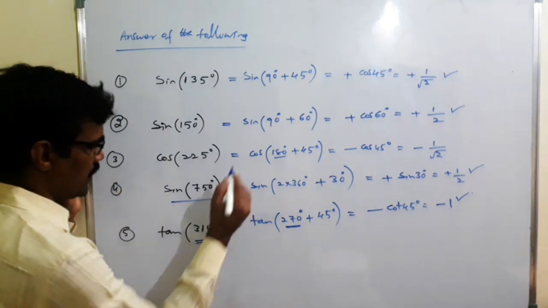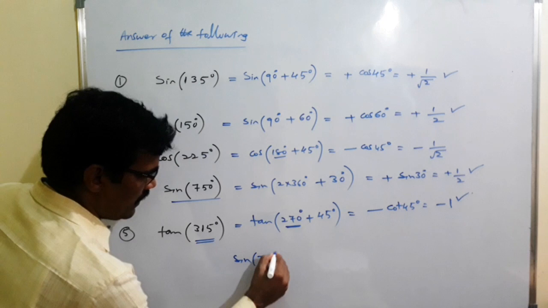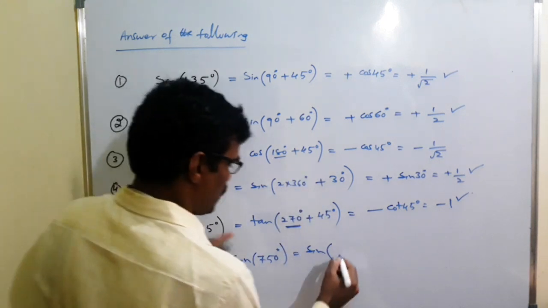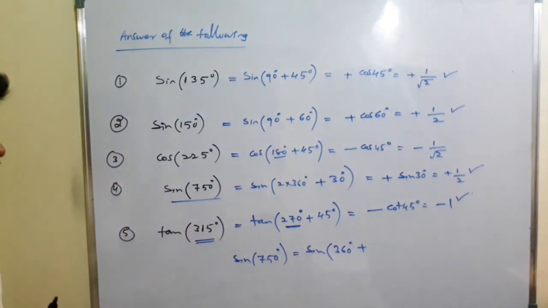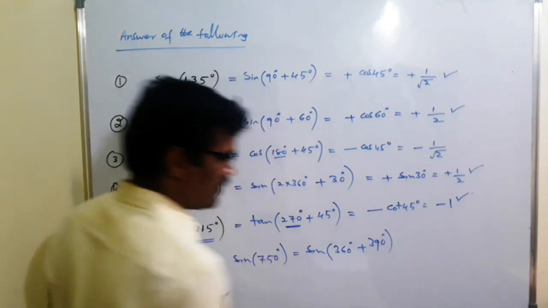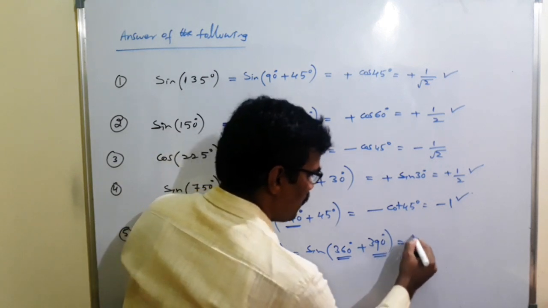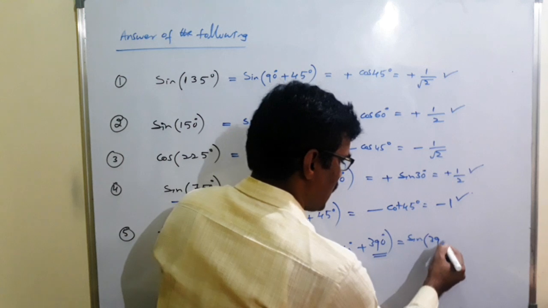So here this expression, all of you listen, sine of 750 degrees is equal to sine of, first write 360, the remaining is 390. So here this is 360 plus theta, which is equal to plus sine 390.